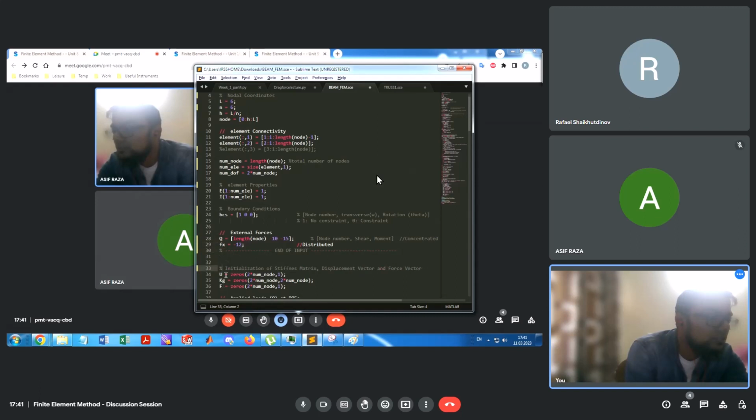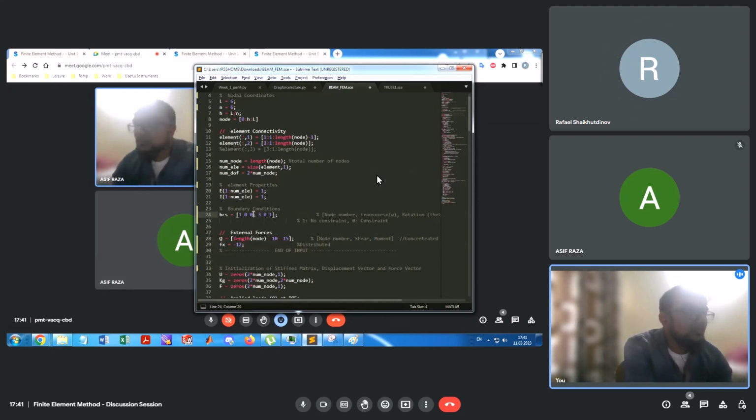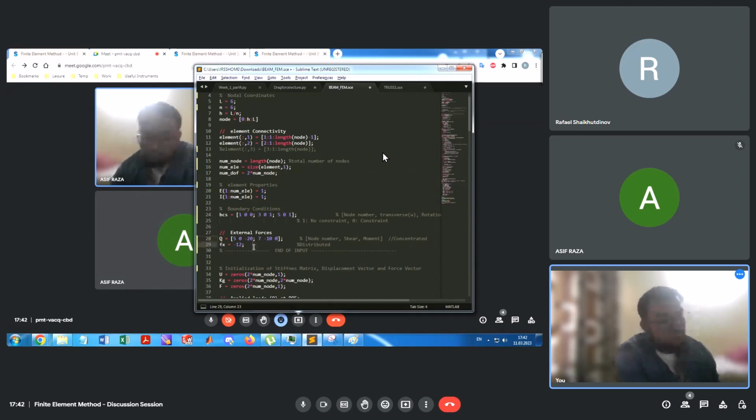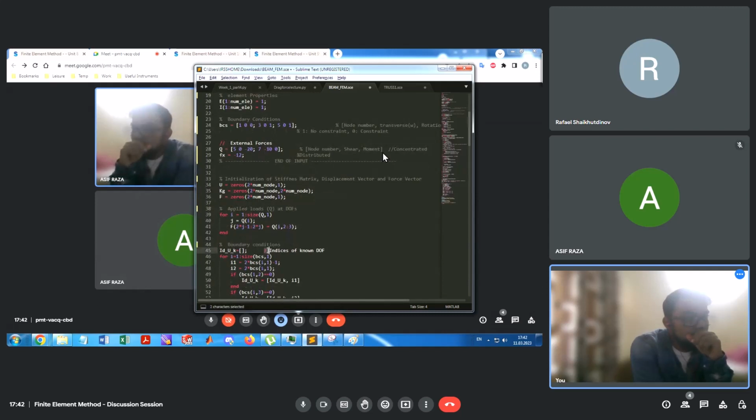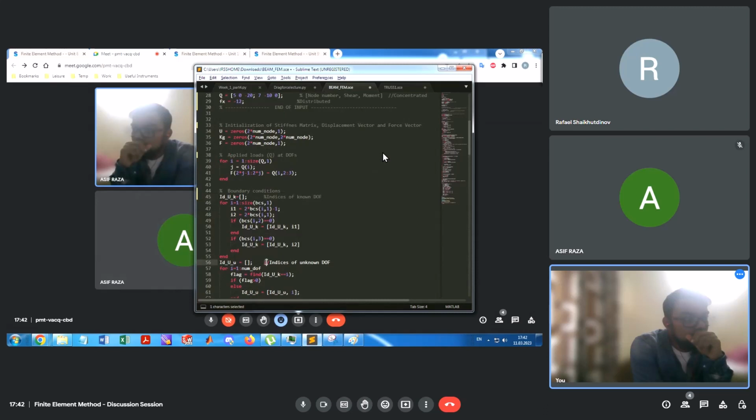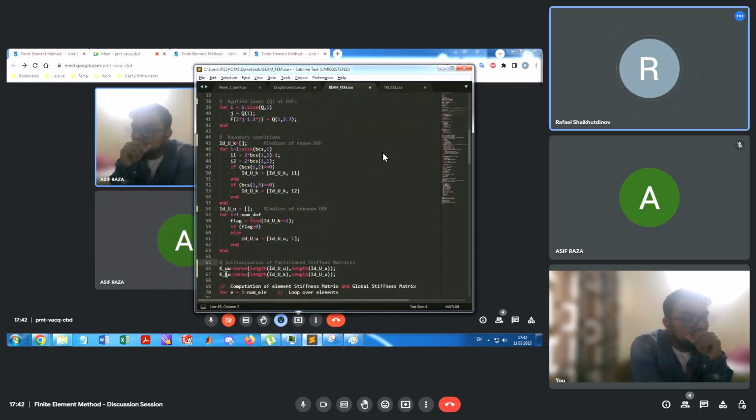For q also we need to change the boundary conditions. 1301501, and here it was 5, 0 minus 20, then 7, minus 10, 0. Okay.